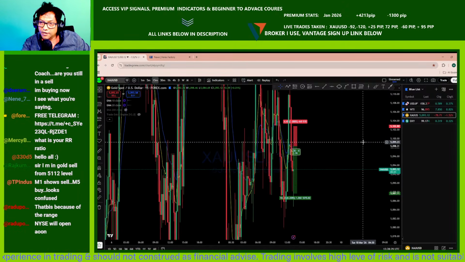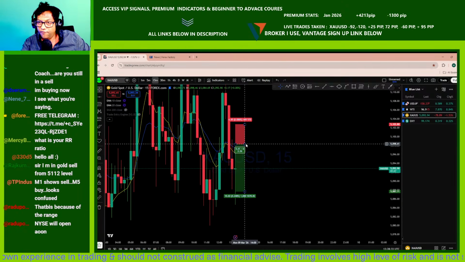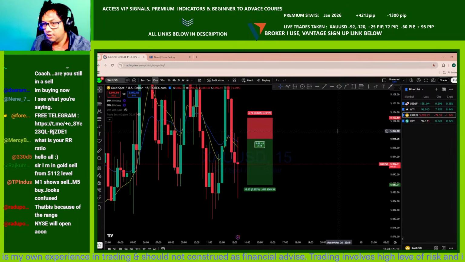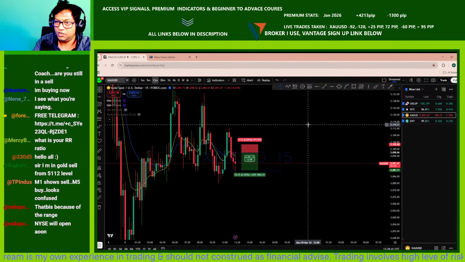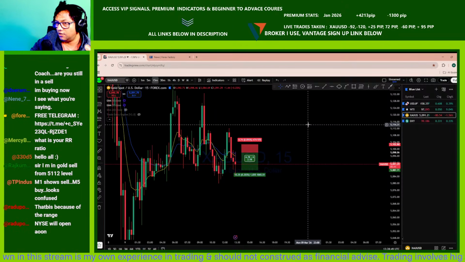Now in this area here, we can see that there is a narrow doji being formed on the 15 minutes chart, and this doji is important to look at, to see if it breaks below further to create a new lower low, or goes back again for another new higher high.